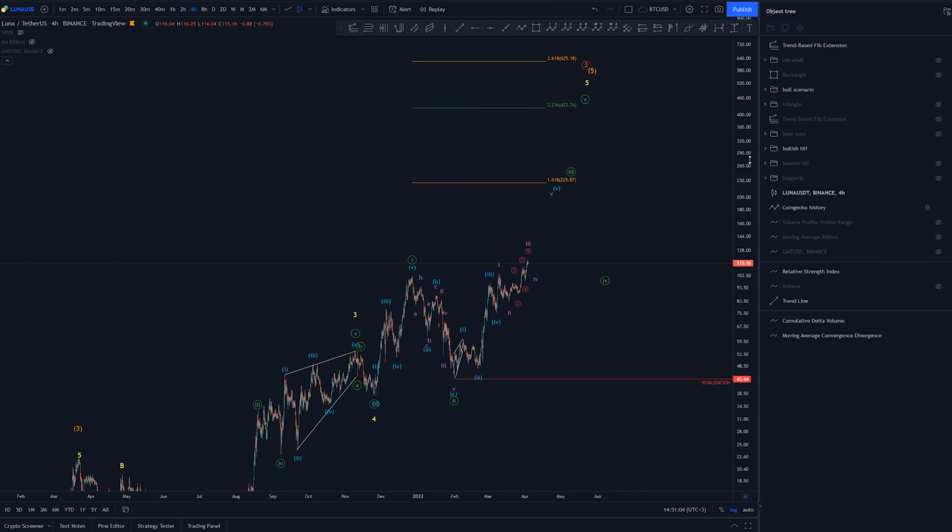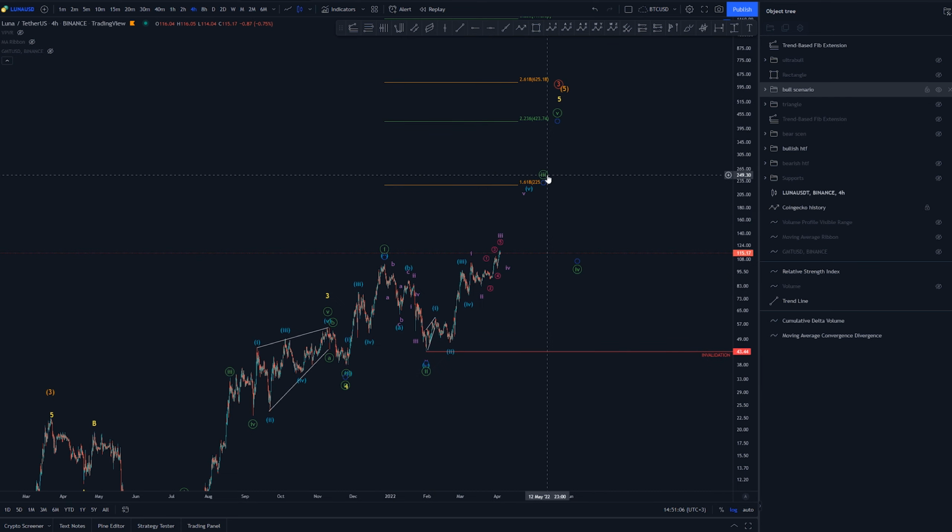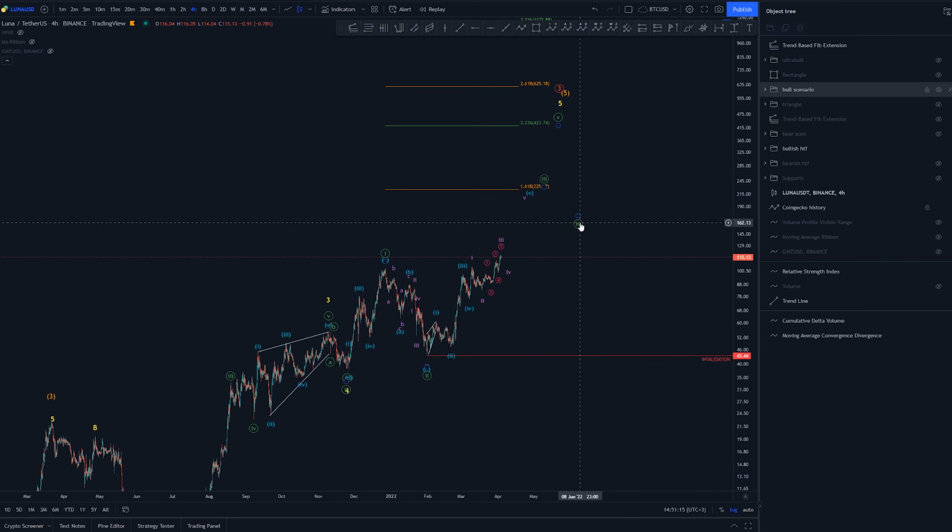But again, that would mean no extensions in these green or minute degree waves.